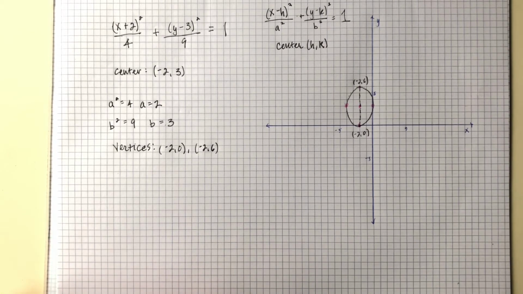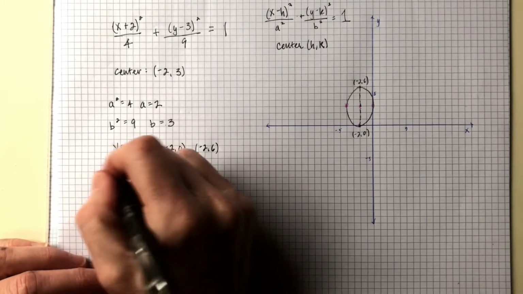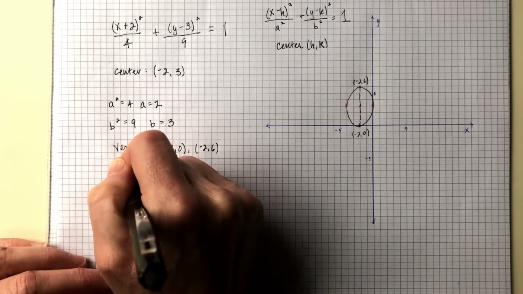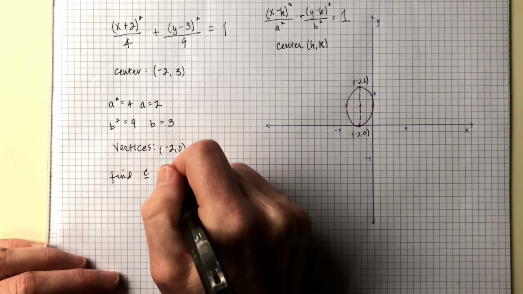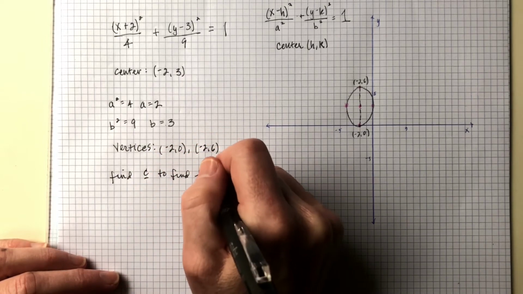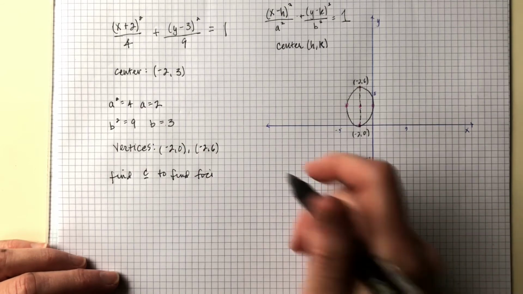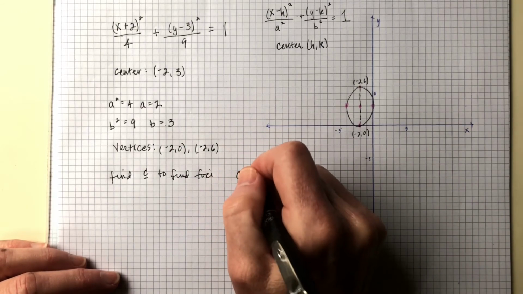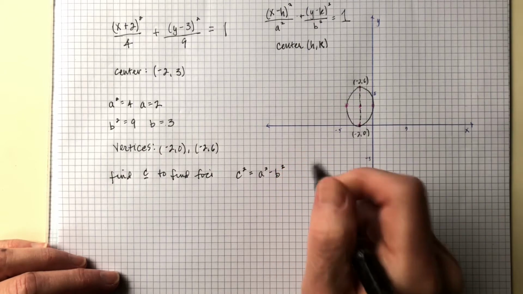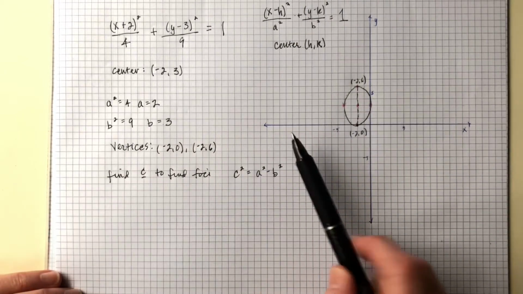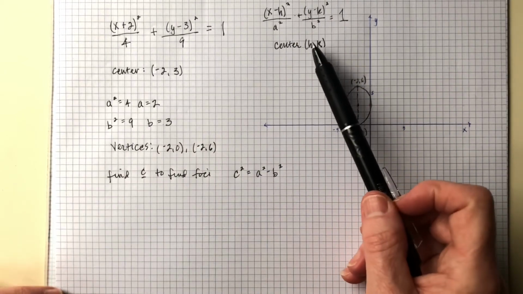And now the next thing we need to find are the foci. So we need to find a quantity called c to find the foci. And to do that, we use a little formula, c squared equals a squared minus b squared. Now, I'm playing a little fast and loose with what is a and what is b in this case.